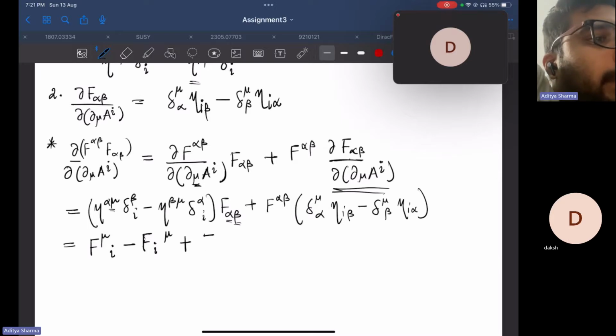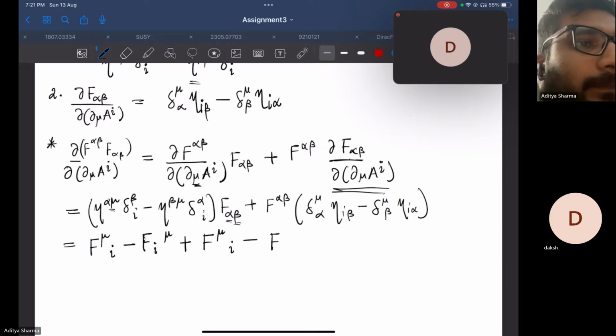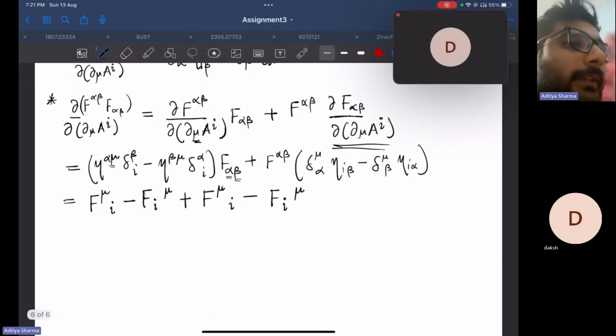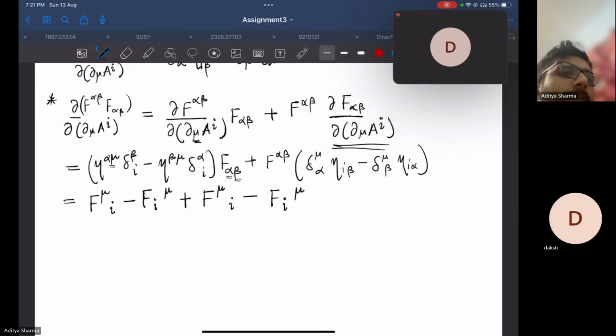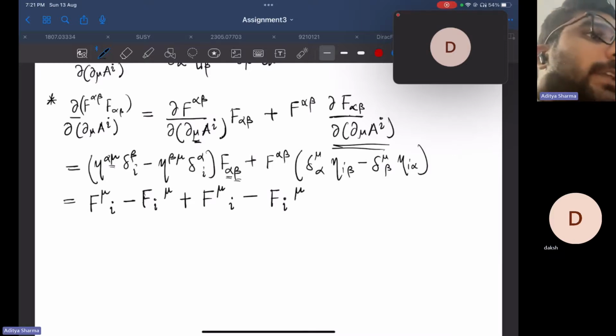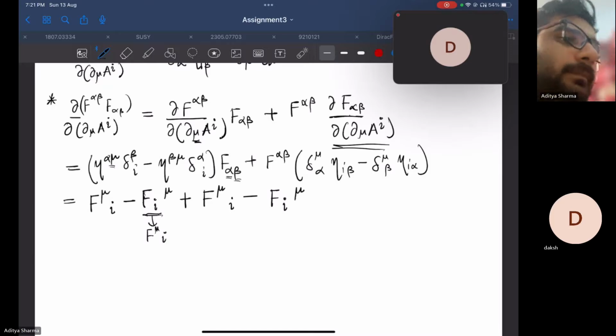Plus similarly here, f mu beta is eta I, so I minus f I then mu. Now you want this to be in the same form, like this only.